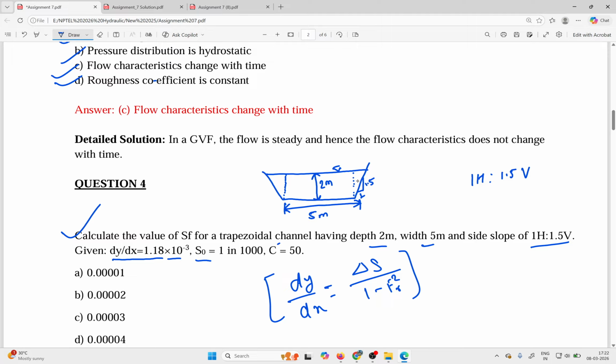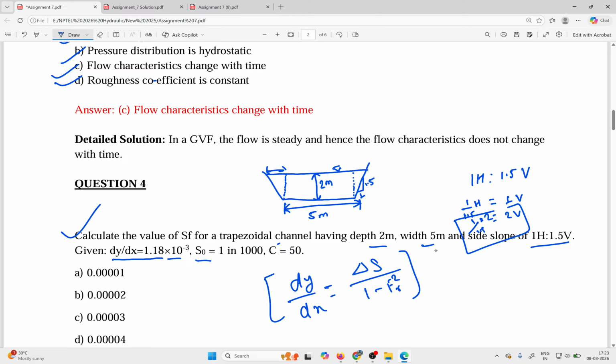The top width. So how will we calculate it? We need this horizontal length. If you move 1.5 vertical, you get 1 meter horizontal move. But here you have moved 2 meter vertically, so you need to calculate 1 horizontal divided by 1.5 vertical, into 2.